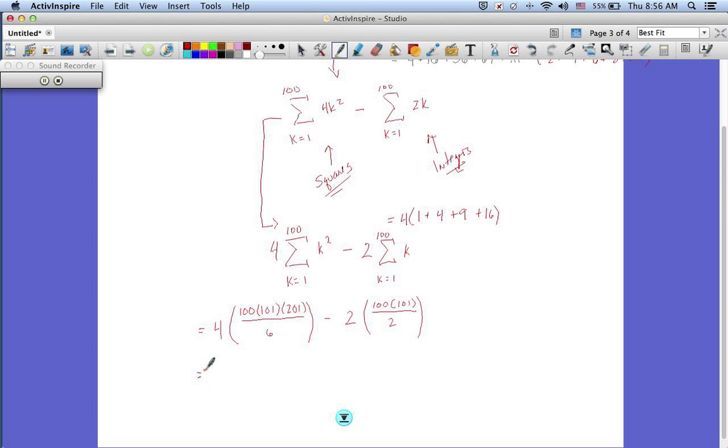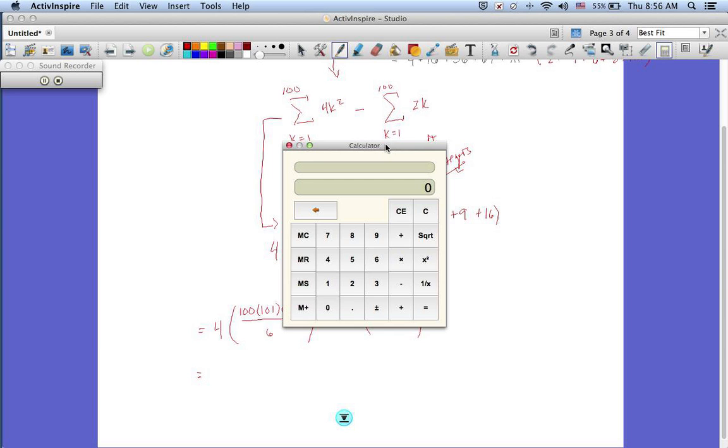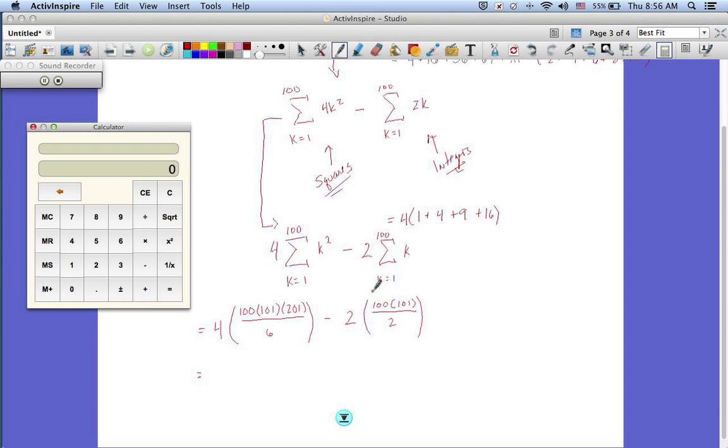So this is one of the few times I'm going to allow you guys to use a calculator. We're literally going to plug these values in. Of course, what I'm going to do first, though, is reduce 200 over 6. Both have a 2 that goes into them, 100 and 3. 201 and 3. 3 goes into 201 evenly because 2 plus 1 is 3.